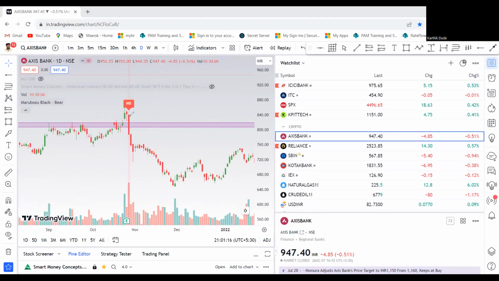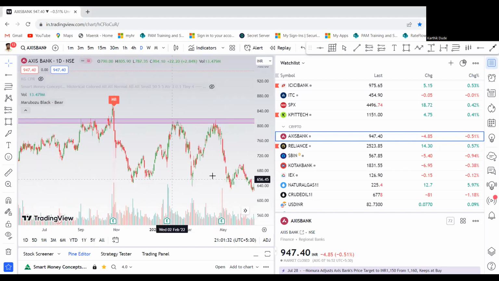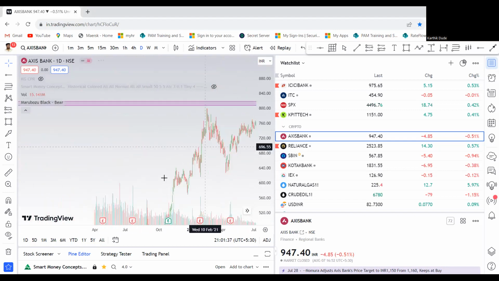A very big red candle is formed, which is formed at the resistance. See what has happened next. Price has dropped drastically. So this is a high probability candlestick pattern which we can follow quite confidently. Whenever this big red candle is formed, there is a high chance price will go for a reversal.